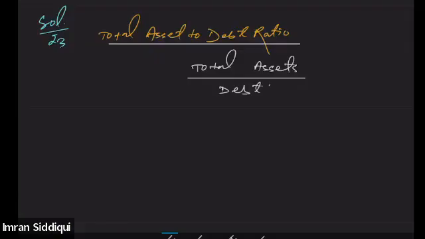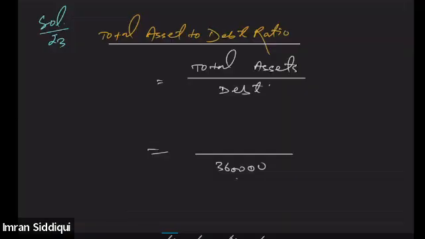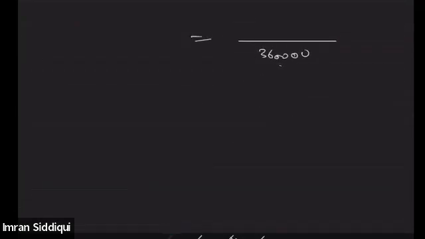So first of all, let's write down the value of the debt. Debt is given as 3,60,000. Apart from this, we have the current liabilities, 40,000, which is of no use as of now. We have to figure out the value of the total asset.